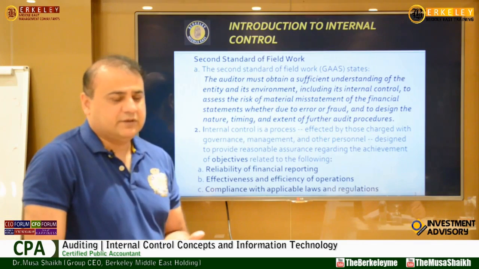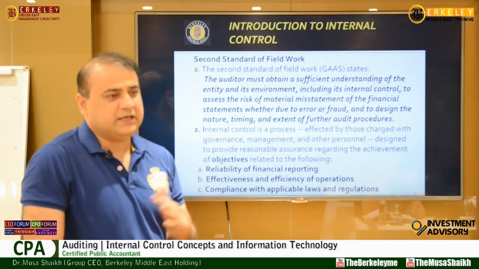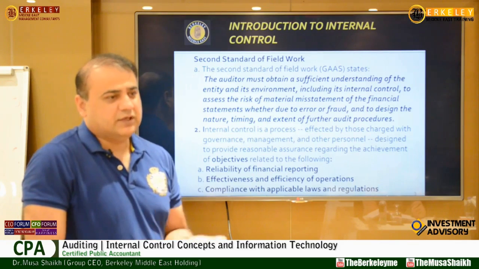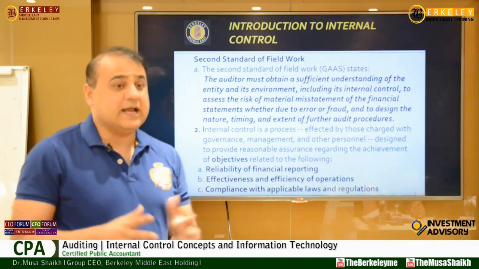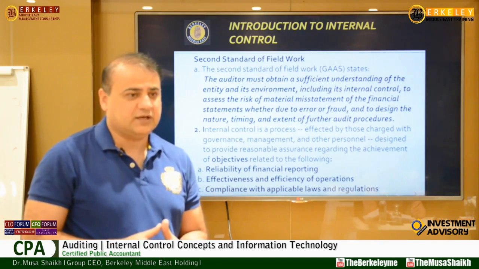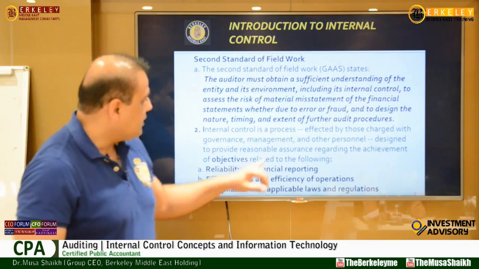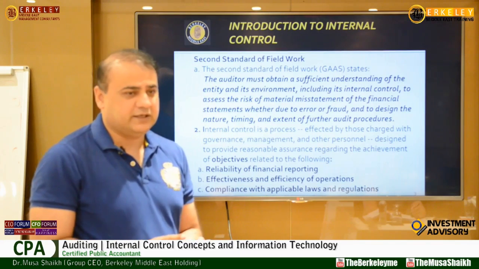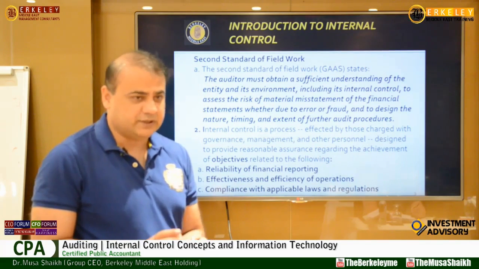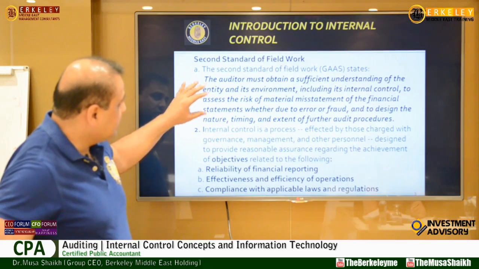We already discussed that this is very important for an auditor in the planning stage. He should have an assessment of risk and understand the entity in general, so he can develop an approach and decide which audit procedure is most relevant to the client's need. This is the standard of fieldwork.